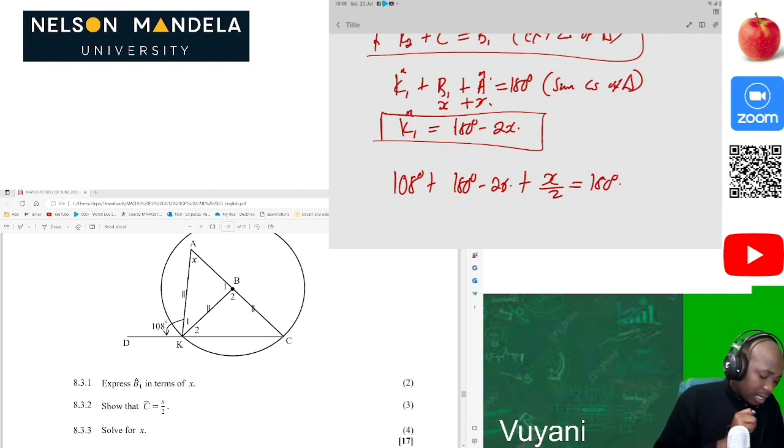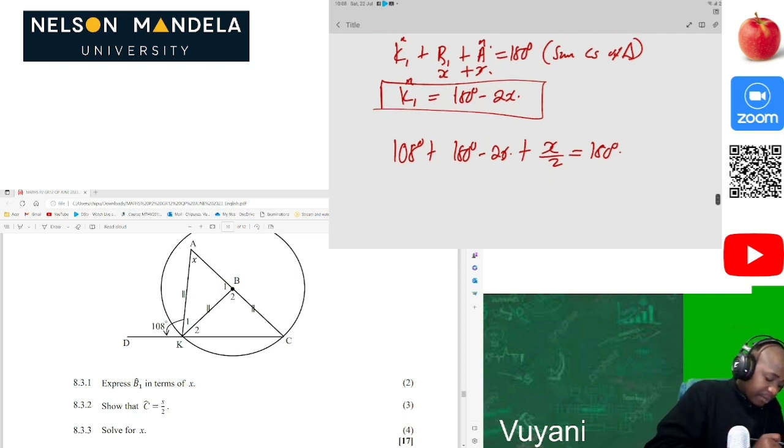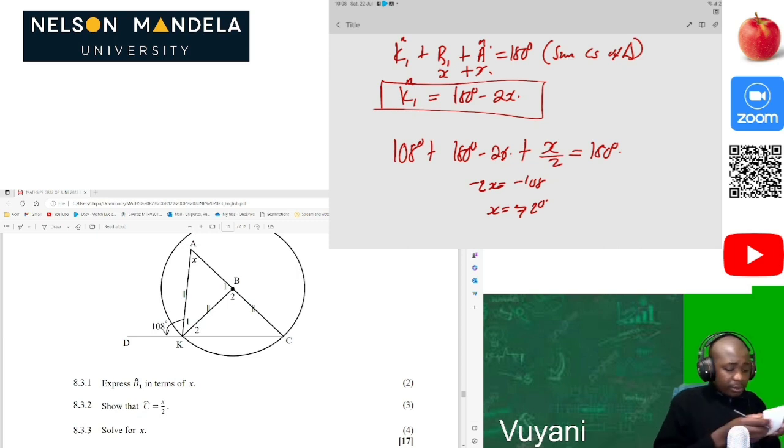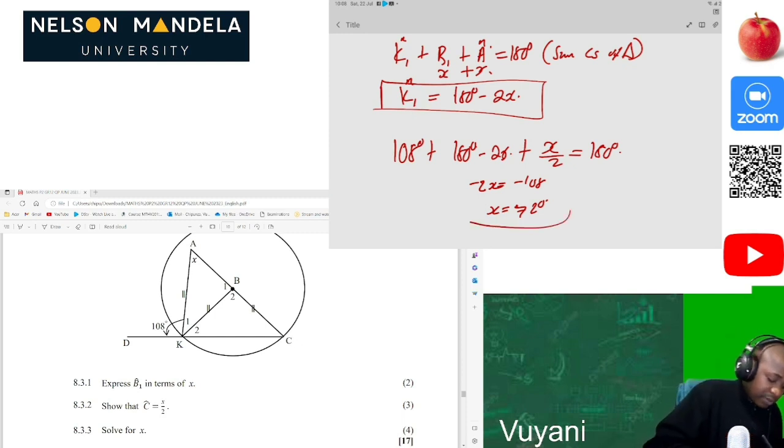From that we can see that this and this cancel, then that will be negative 1 over 2 x equal to negative 108, then x will be equal to 72 degrees. Then after that we are happy.